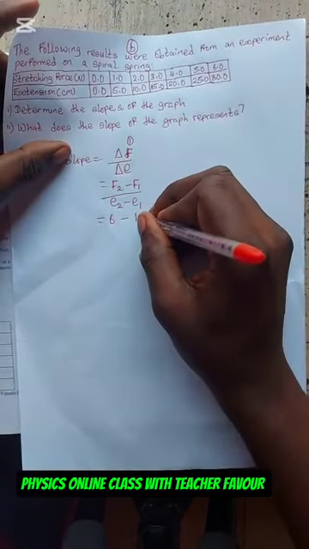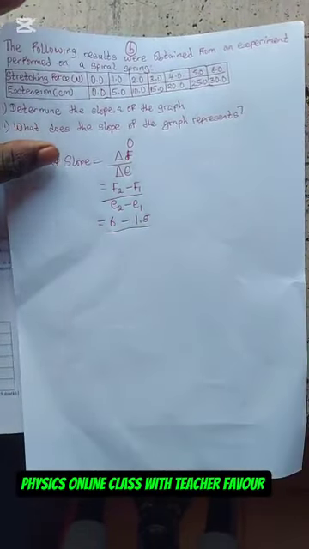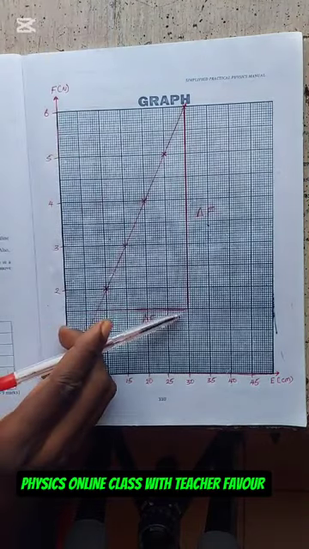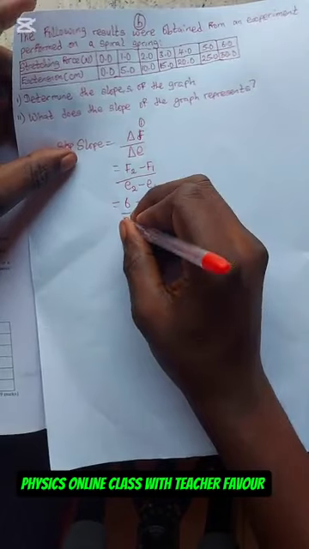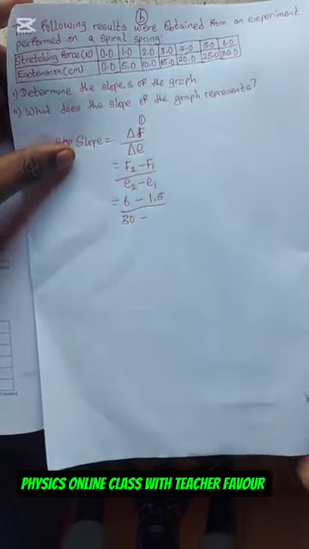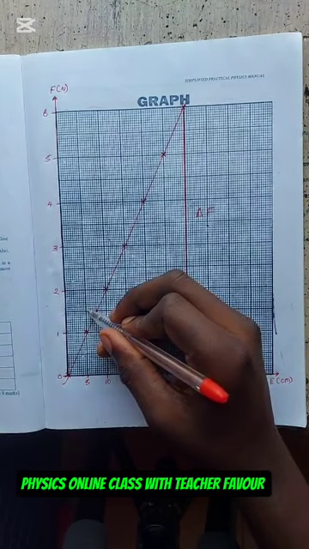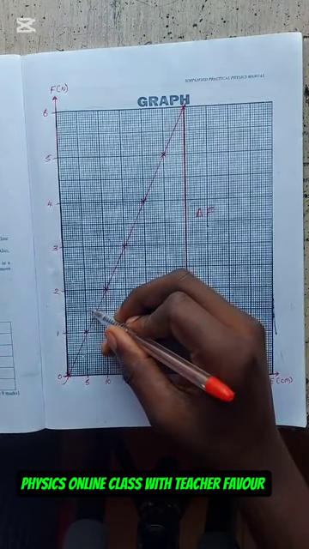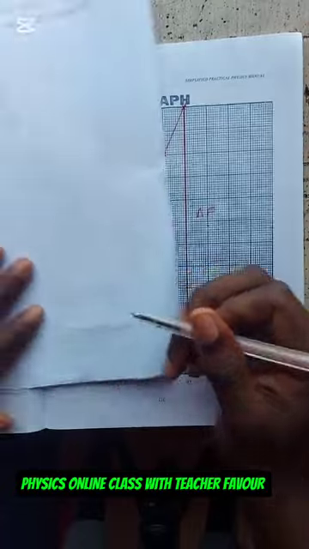So here is equal to 1.5 over, we now find the value of E2. E2 is here, which is 30. So I'll write 30 here, minus, here is 5. The next box is 5.5, 6.0, 6.5, 7.0, 7.5.